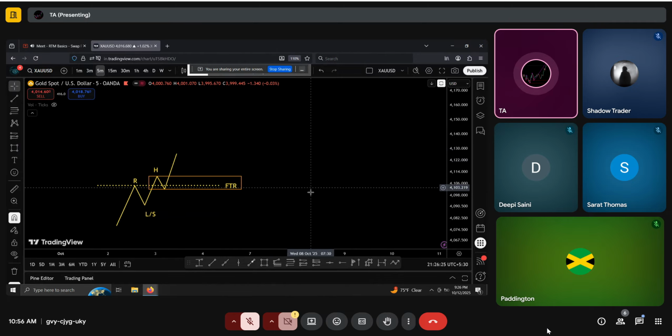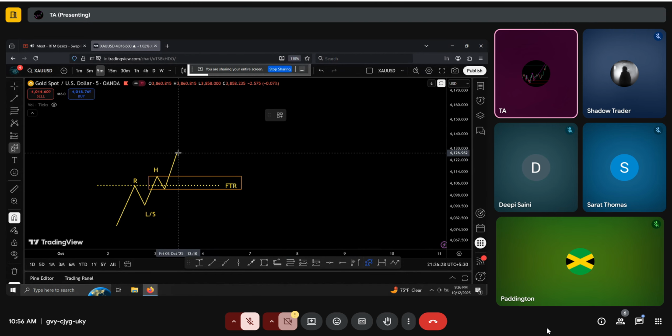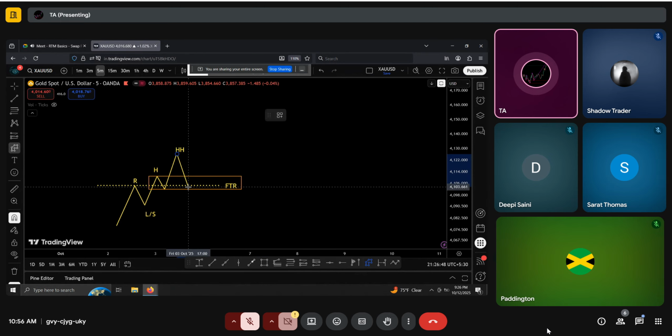Then in future, here the price created a higher high, right? In future, if price comes back again to the FTR zone, this orange box is a zone, not just a line. If price comes back till here, here or here, but it should not go below this orange box. If it goes below the orange box, this will not be FL.